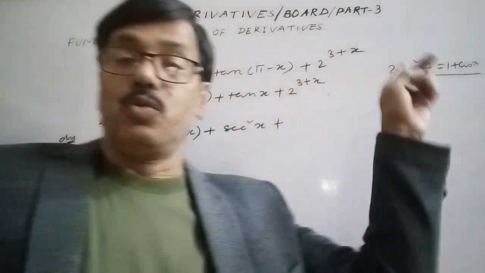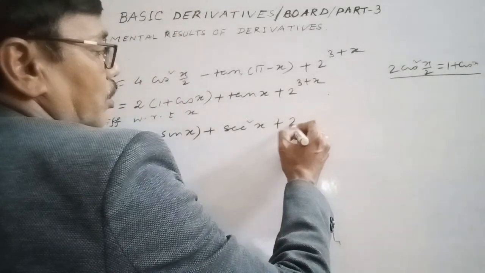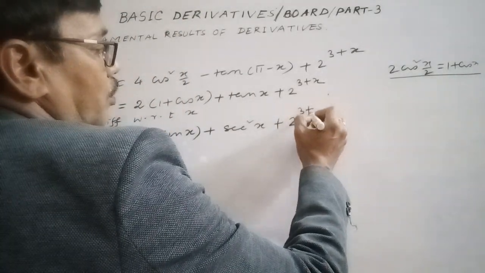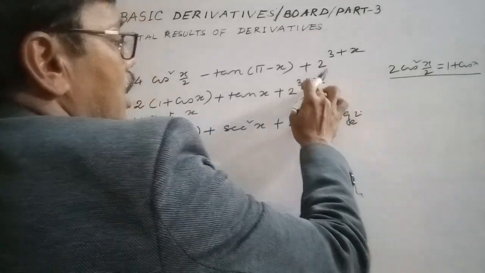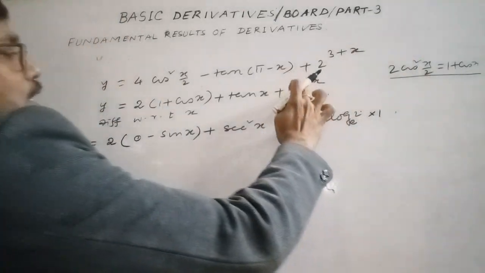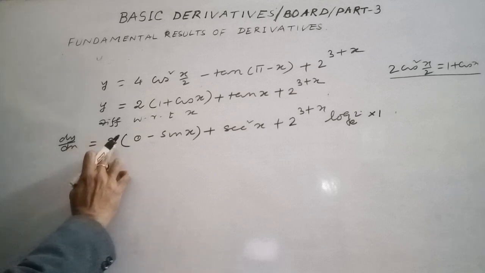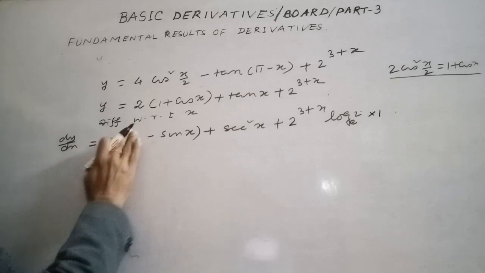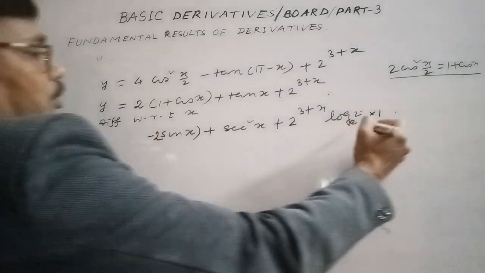And derivative of 2 to the power 3 plus x. So 2 to the power x, derivative is 2 to the power 3 plus x into log 2 base e into coefficient of x, 1, because it is linear. So we can write minus 2 sin x into this.